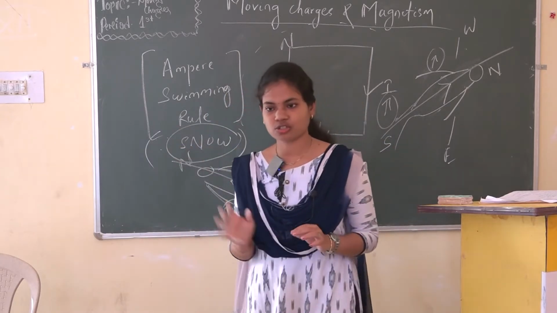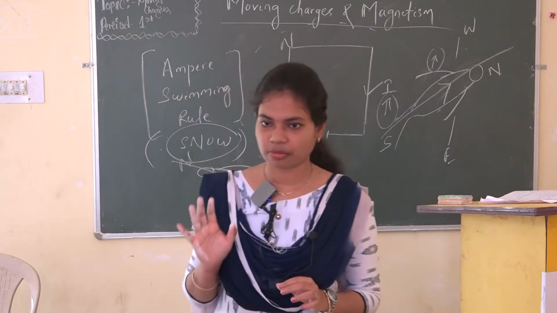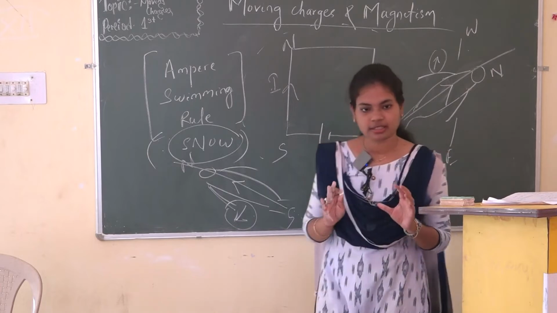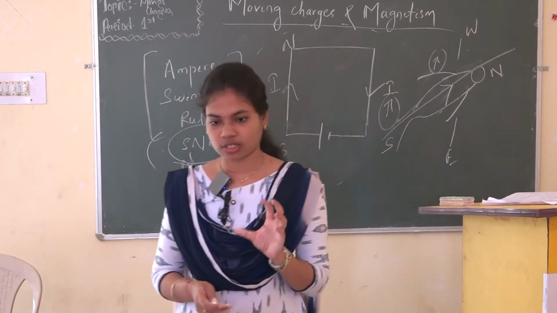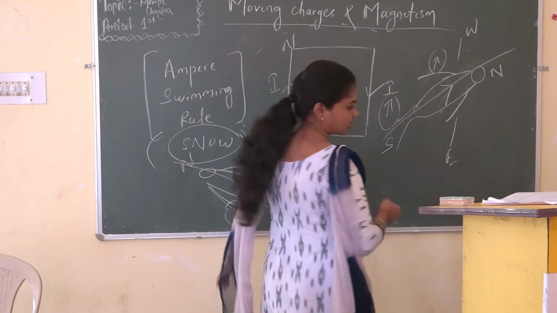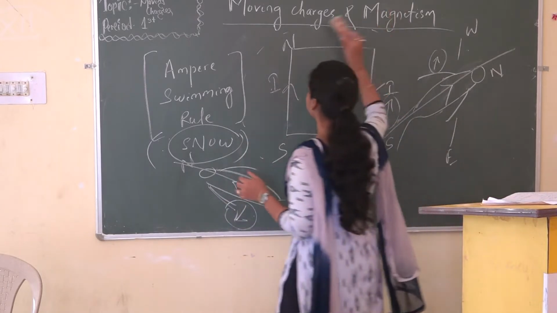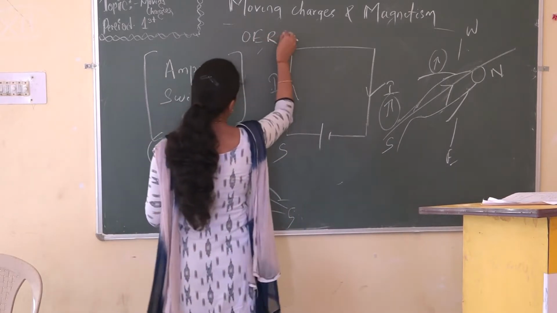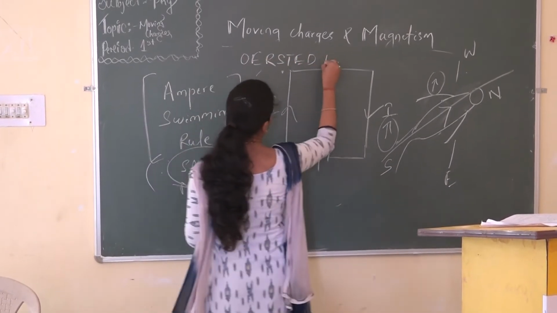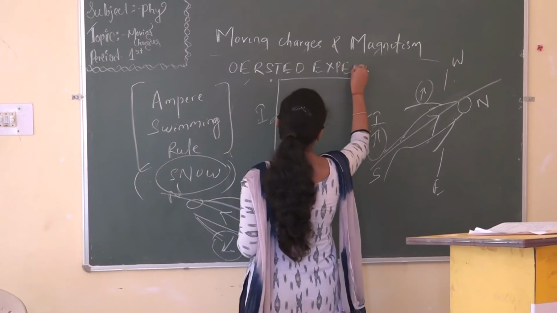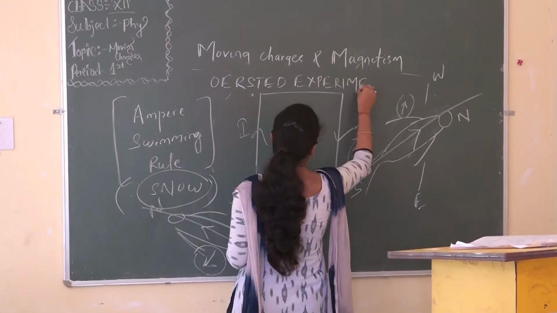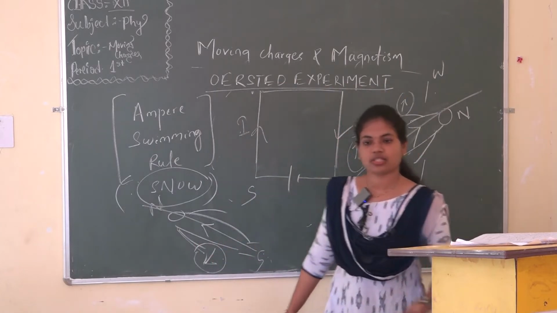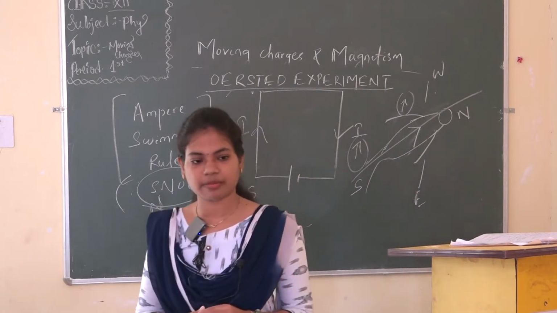Okay, did all of you understand the SNOW rule or Ampere swimming rule? This experiment was given by Oersted. Which scientist gave this experiment? Oersted. So the experiment is known as the Oersted experiment. What is the Oersted experiment?